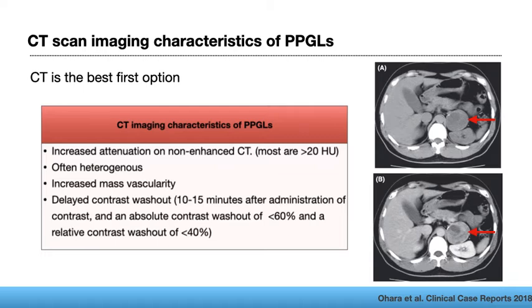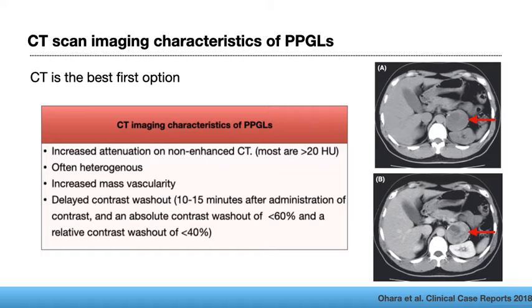There is increased attenuation on non-enhanced CT scan, and in most cases, pheochromocytoma has an attenuation value of more than 20 Hounsfield units. And this is, as we mentioned, because pheochromocytoma is a soft tissue mass that does not contain an excessive amount of fat like a benign adrenal adenoma.